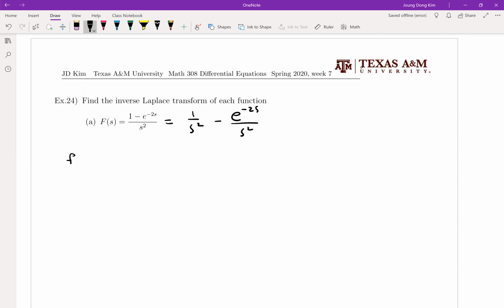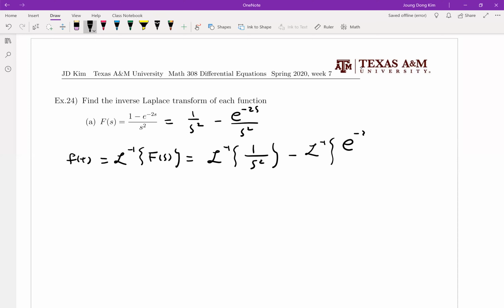Then your function f of t, which is inverse Laplace transform of F of s, is equal to inverse Laplace transform of 1 over s squared. And we are familiar with this form, right? Because it is in the table, okay? And minus inverse Laplace transform of e to the minus 2s over s squared. And this is also really familiar to you guys, okay?